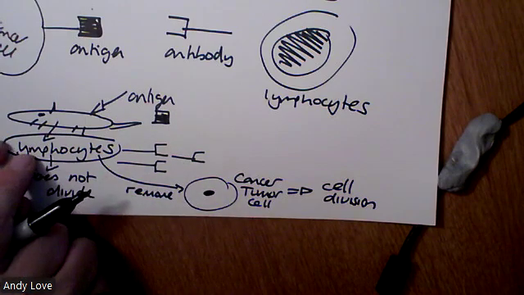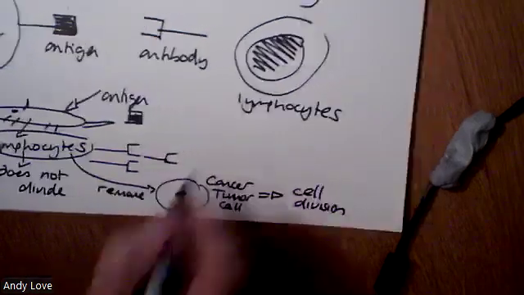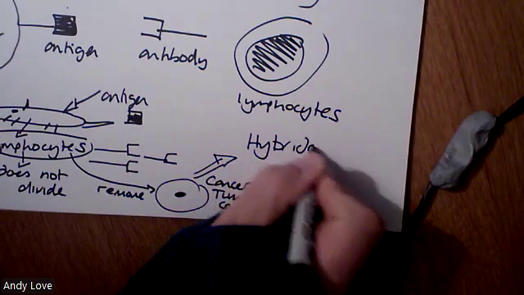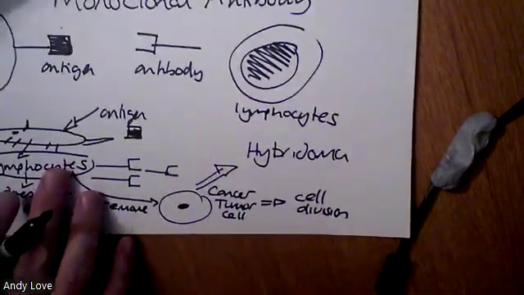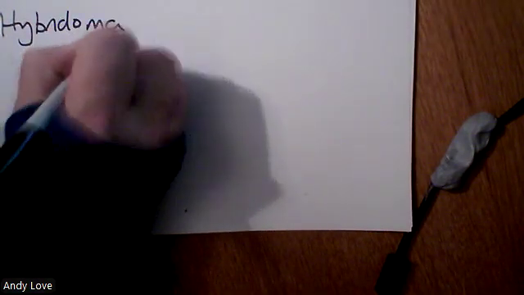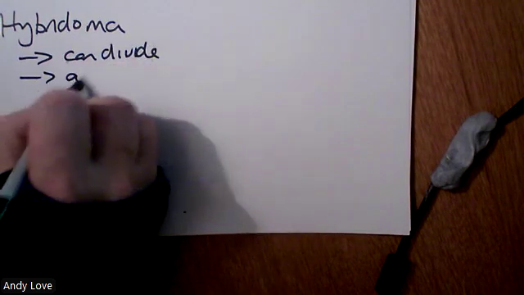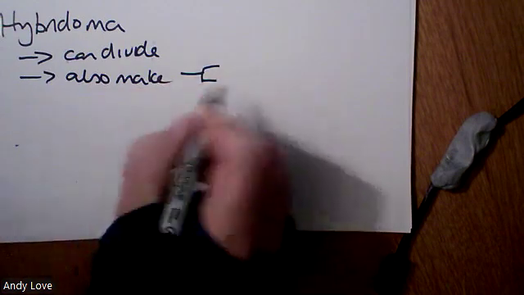So if I join the lymphocyte with the cancer cell, I make a cell called a hybridoma. Now, this is like a supercell because the hybridoma can divide, but it can also make the antibody that I want.